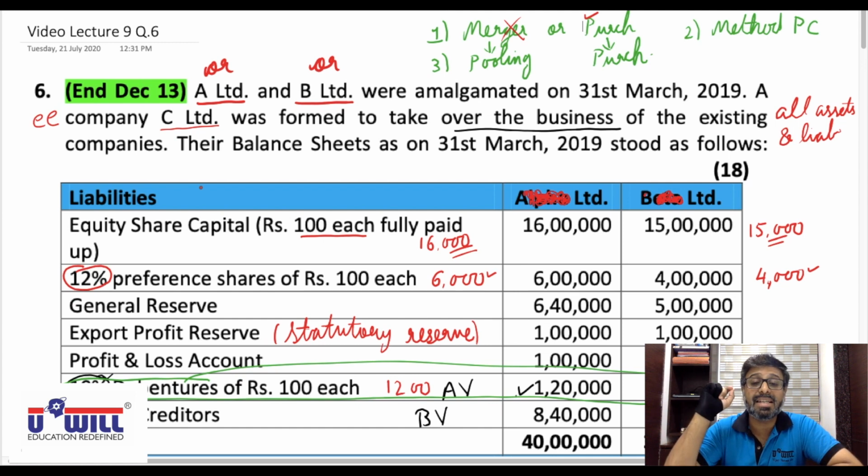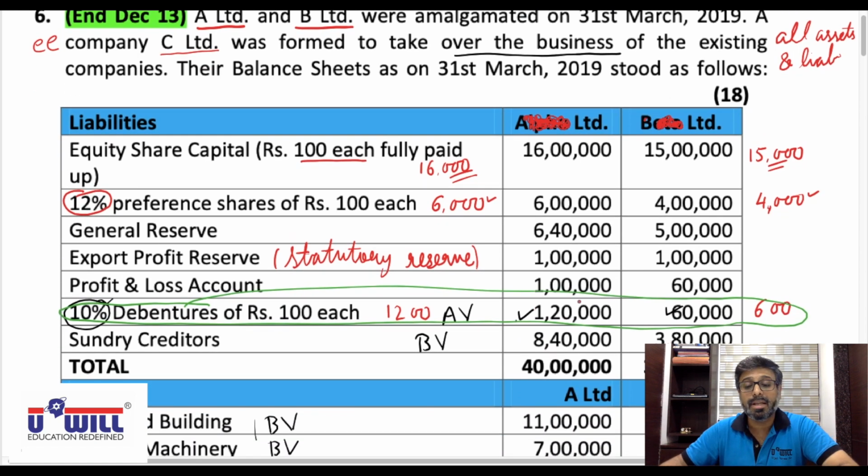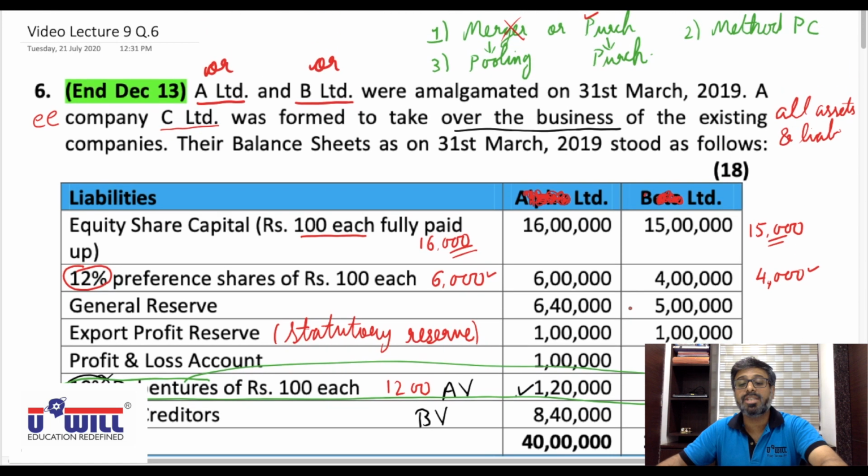Here, which asset or liability is not taken at book value? Debentures. Debentures of 1,20,000 are taken at 80,000 and debentures of 60,000 are taken at 40,000. So it is not amalgamation in the nature of merger but rather purchase. Once it is confirmed here itself that it is amalgamation in the nature of purchase, there is no need to check the third condition.